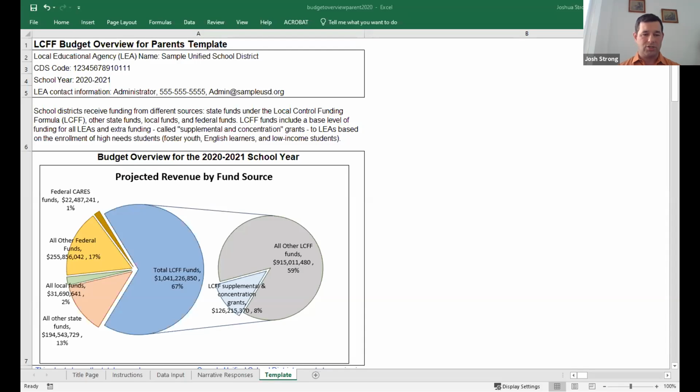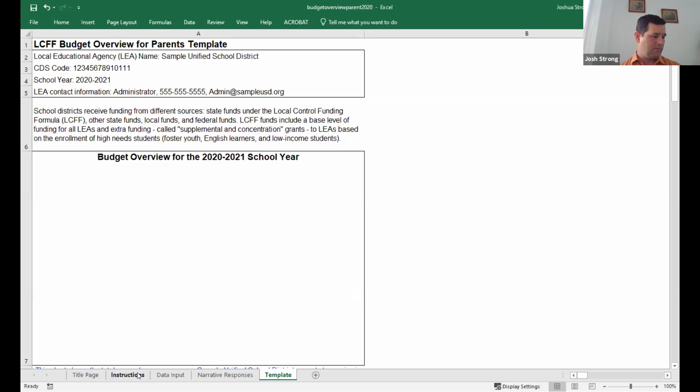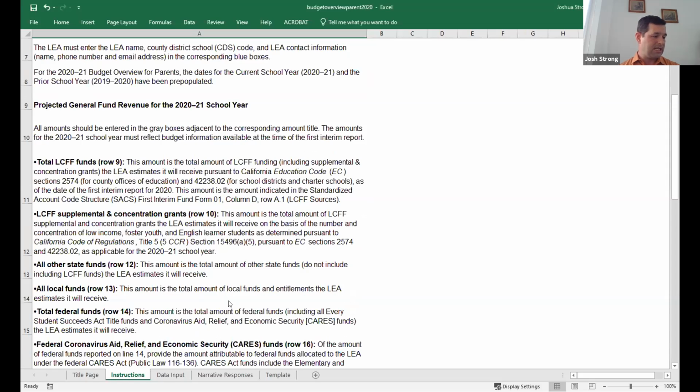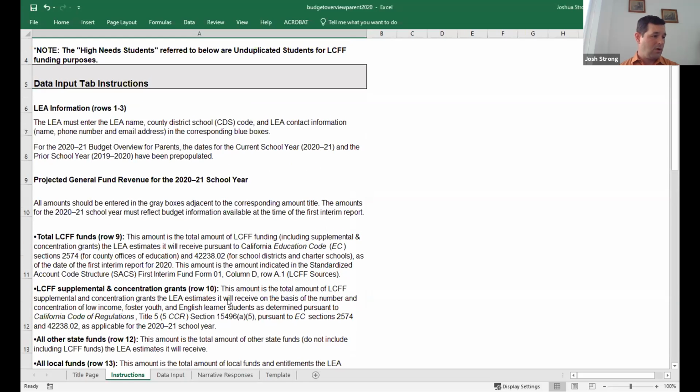Again, take a look at the instructions and also the specific references to the first interim reports within the instructions, and the funding charts or tables that are referenced in here, because that's going to provide some clarity around what in particular needs to be put in.